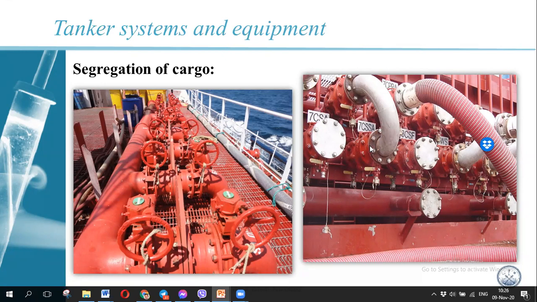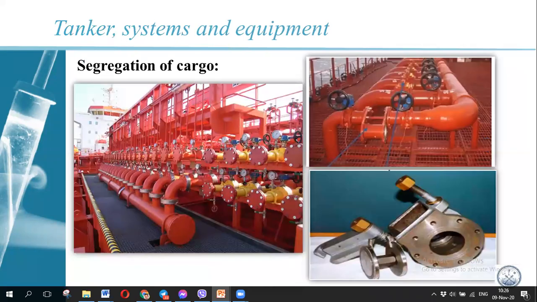But if you have to load two cargoes in the same manifold, you just put it back here or put it back here, doesn't matter. They are compatible, and you can load the one grade of the cargo. So that is the segregation, what you see here, how it's segregated by the spool piece segregation, by the different valves and so on.